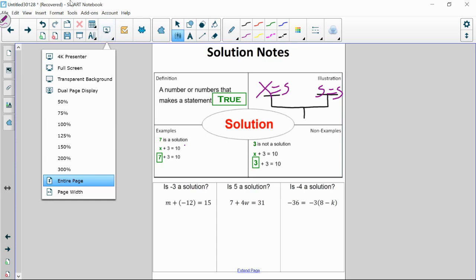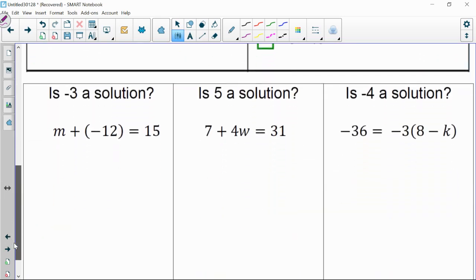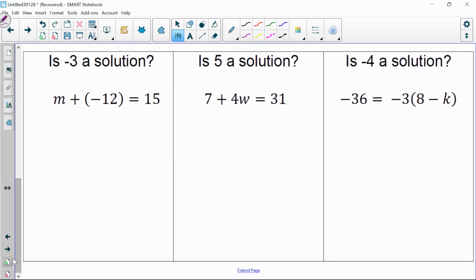So hopefully you have these to put together. Let's scroll down and we'll go ahead and start working these out. Our first one that they gave us is: is -3 a solution? And they give us the variable m plus -12 equals 15.